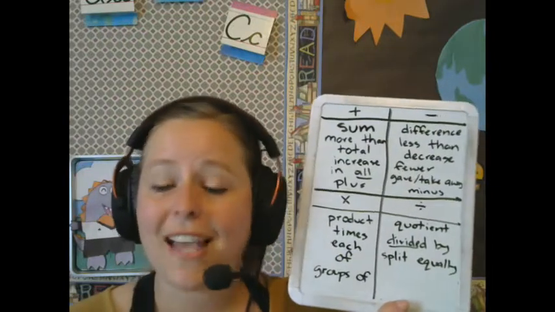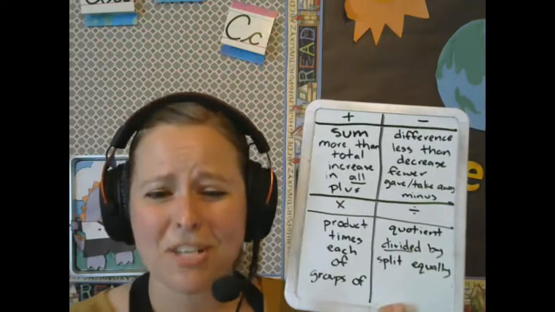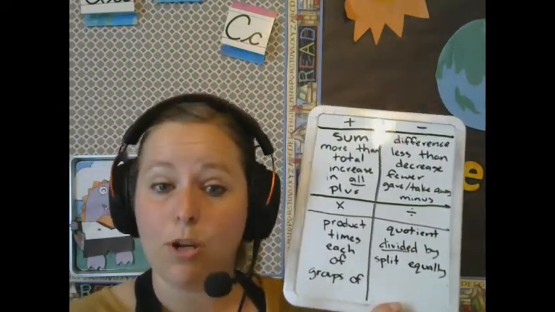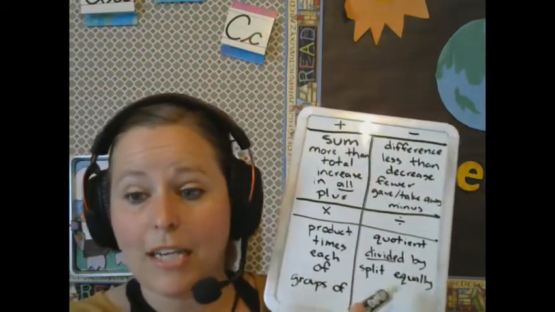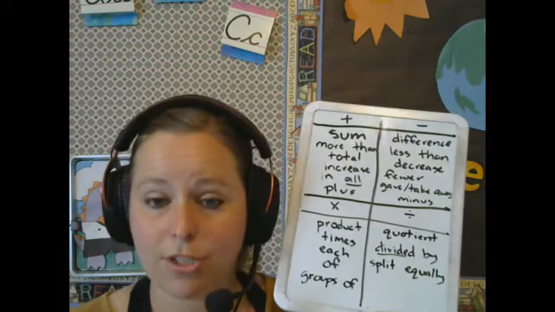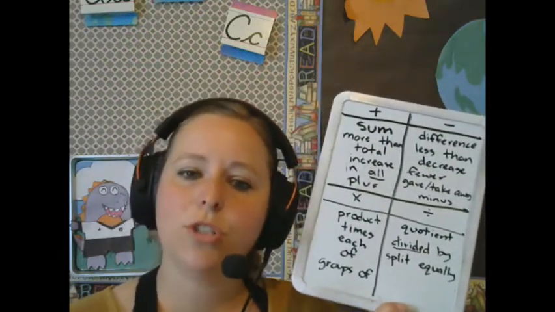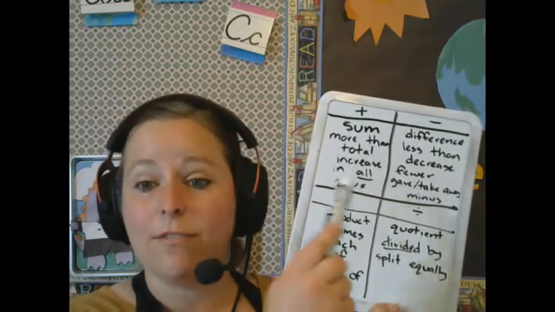And I showed you guys how you would do that if you had groups of, I believe I took the little tile blocks and divided them into equal groups. Equal groups lets you know that you're doing division. I'm going to give you guys some more lessons about how to do two-step story problems. But this is the first part you need to know.